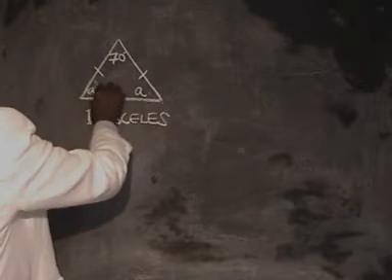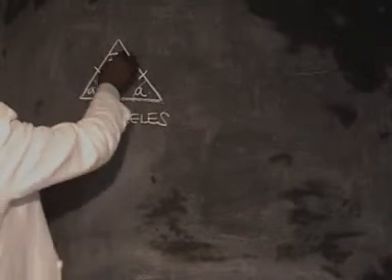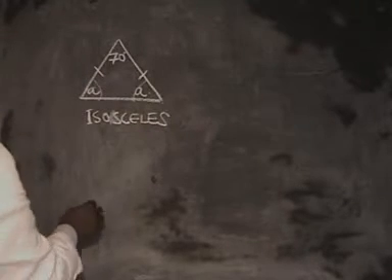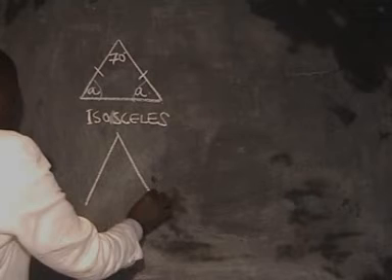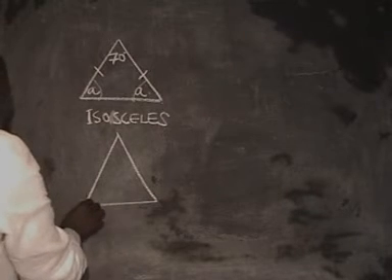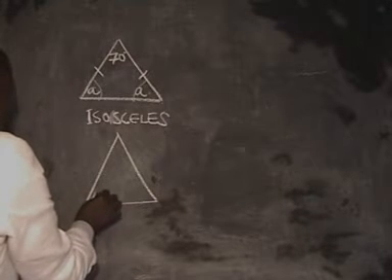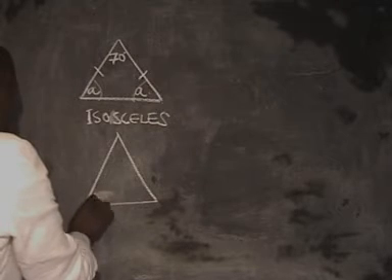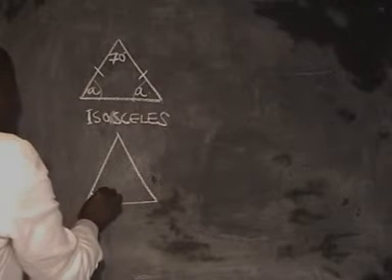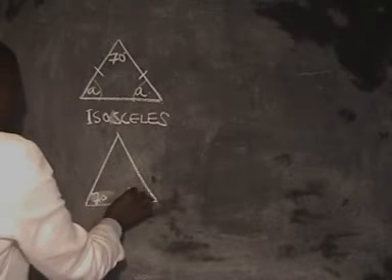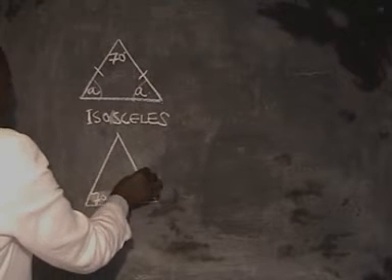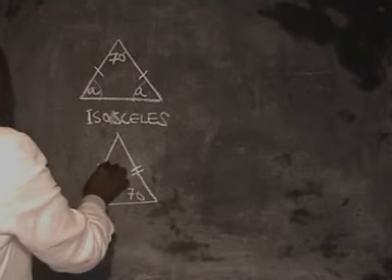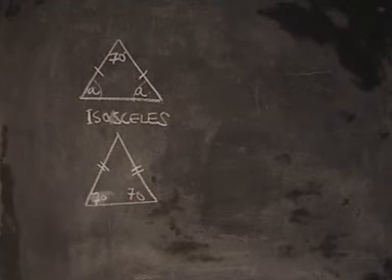As you can see, this is angle A and that is angle A, and that is the angle which is different. So to give an example for an isosceles triangle, let me say if this angle is 70 degrees, this is also going to be 70 degrees, meaning that these two sides are equal. So such a triangle is an isosceles triangle.